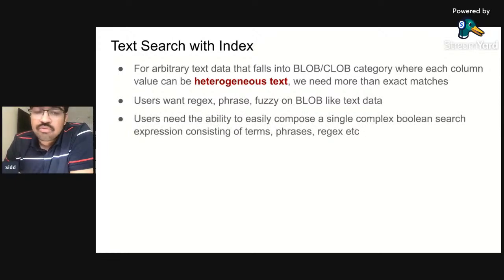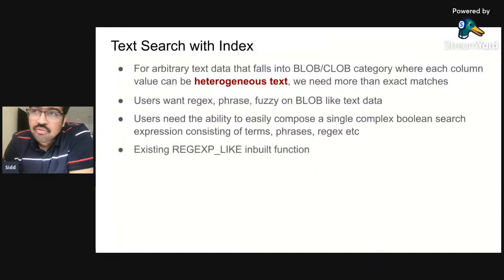Additionally, users want the ability to compose a single complex Boolean search expression consisting of one or more of these different search styles. You can combine one or more terms, phrases, regexes or fuzzy searches using AND and OR to put together a complex search expression.